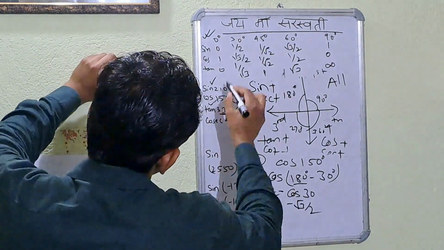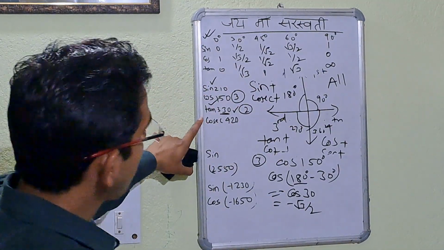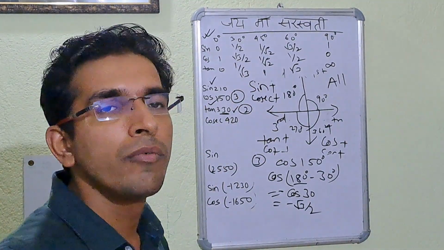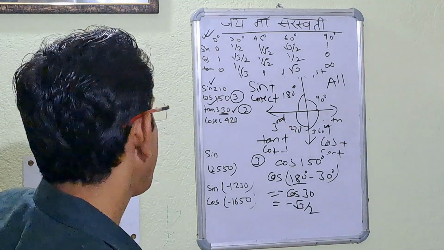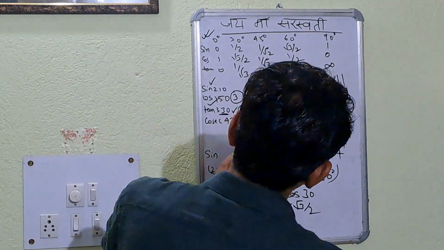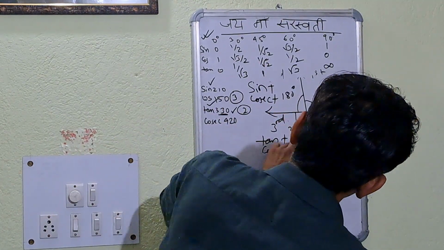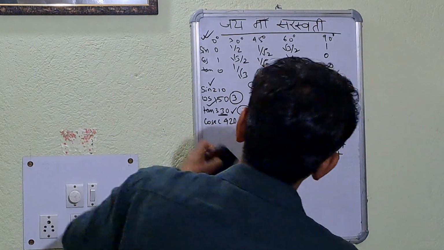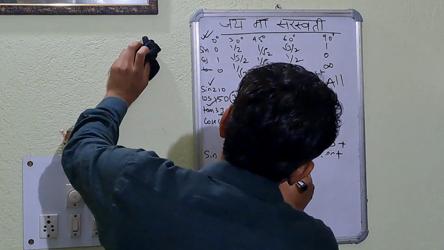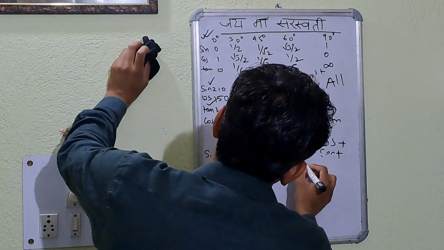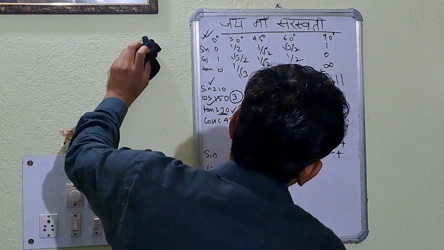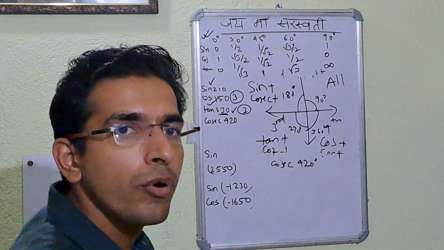Understood? We will check the next example, cosec 420 degree.